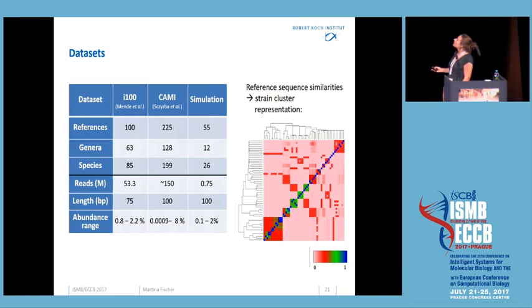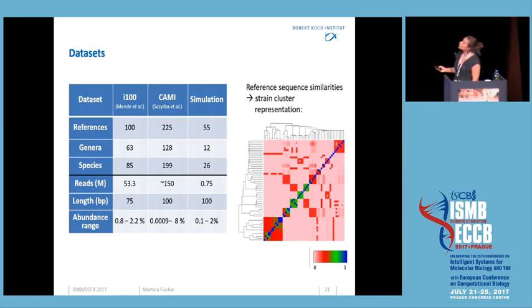And here to the right, we have an example of a similarity matrix of our simulation set, which shows us the reference sequence similarities which are present. We see in the bottom left corner here a large E. coli cluster, which also holds different substrain clusters of very high sequence similarities, like greater than 97%, and also along the diagonal, different other strain clusters having high sequence similarities.